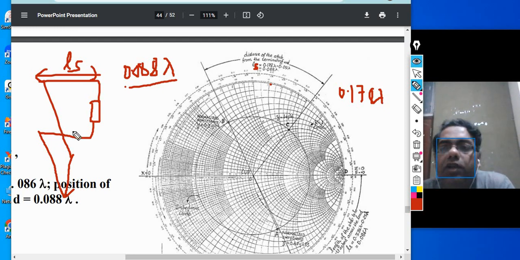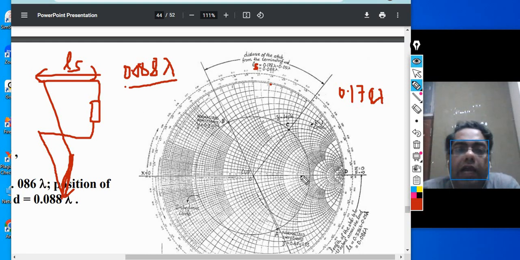Now next we have to find what will be the length of the stub. Now if we are considering shorted stub, the stub is shorted and we are considering admittance.